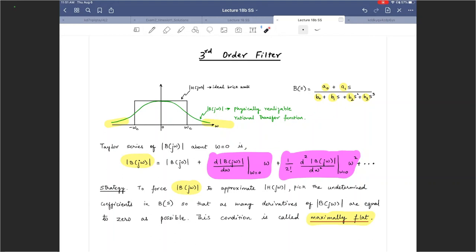If it is maximally flat, that means I only need a contribution from a constant term like B(j0). That's it. I want this to be flat. No linear term, no quadratic term, no other term. I want all those derivatives to go to 0. I only want a flat behavior at 0 there, right?